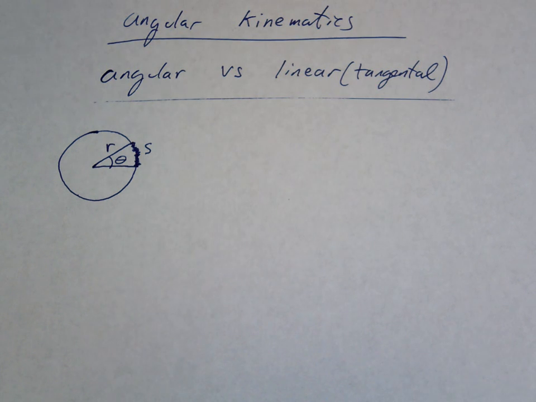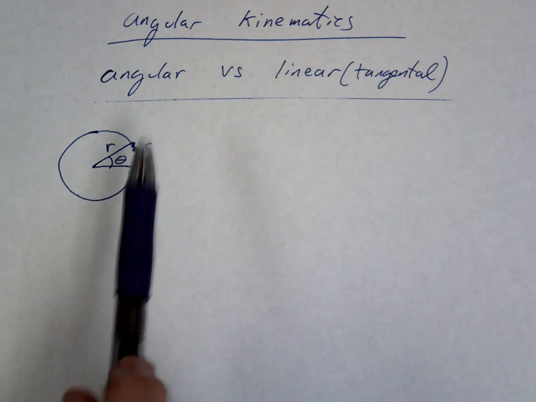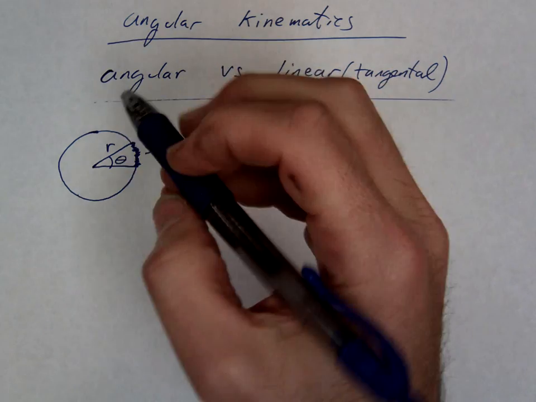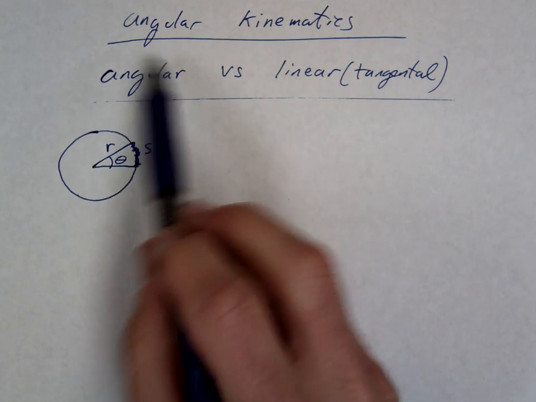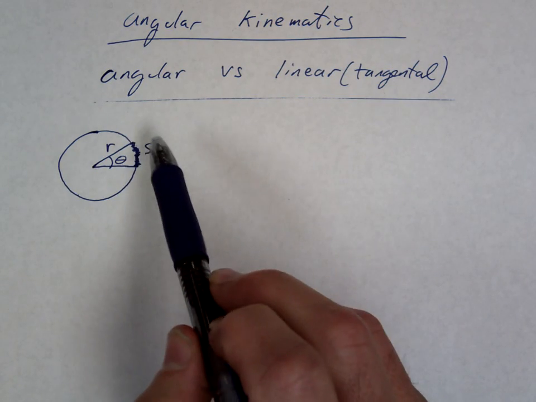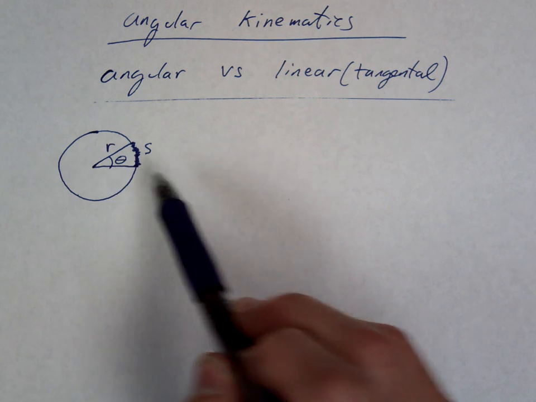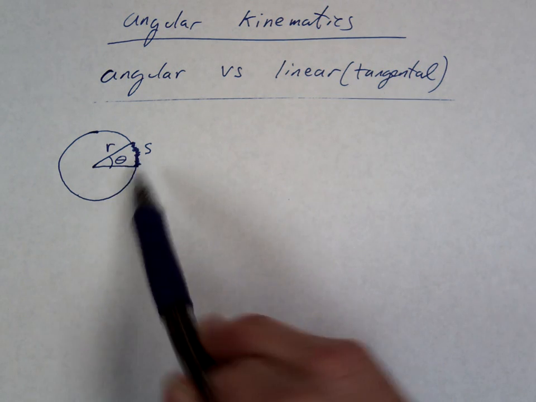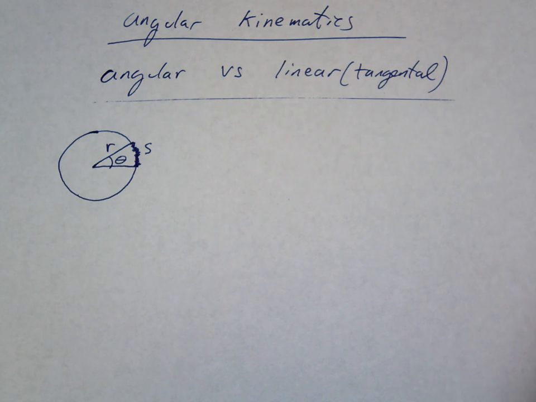So you're traveling a farther distance in the same period of time, so you have to be going faster when you're on the outer edge. All right? So that's what we mean about angular versus linear. You have a certain angular velocity, in radians per second. Your linear is going to be meters per second.